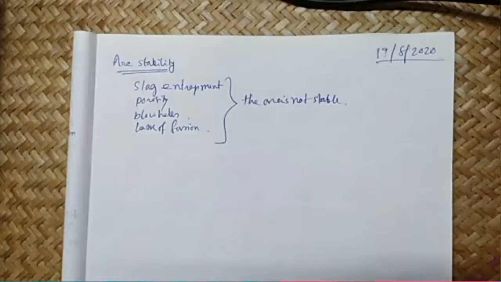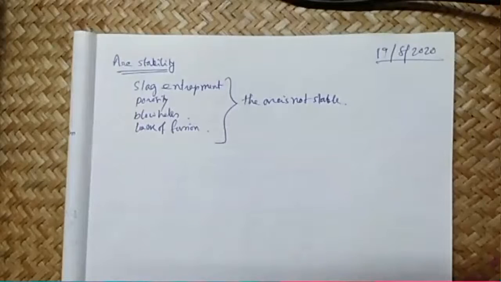Now with a chipping hammer, you strike those nuggets and clear out the slag, and then you will find that if the arc is not stable, you get slag entrapment, which results in a brittle joint. The porosity of course means lesser strength. Blowholes are quite similar to porosity, but the volume of the vacuum spaces is small. And lack of fusion.